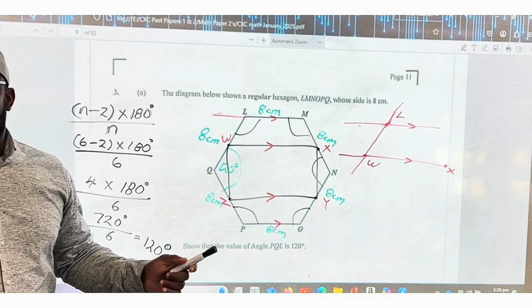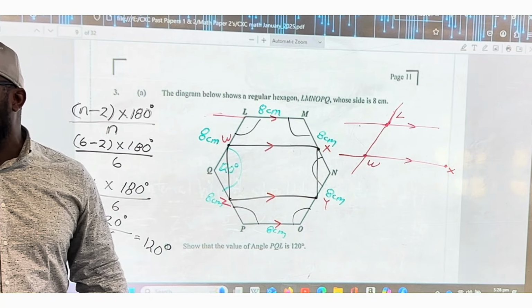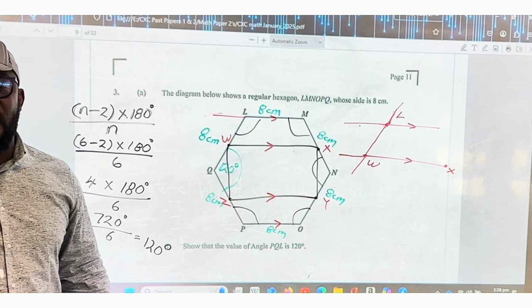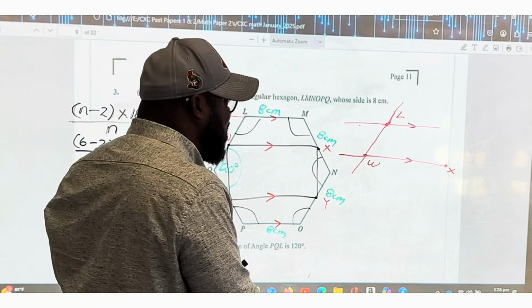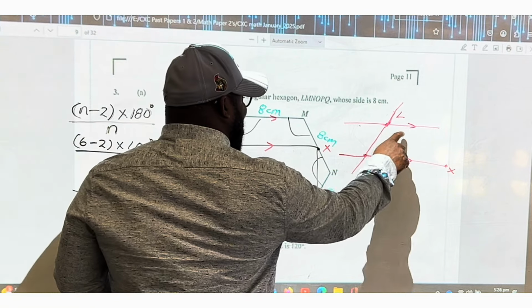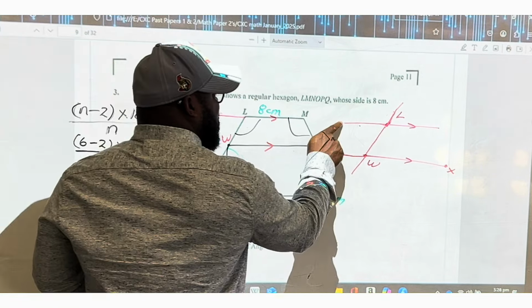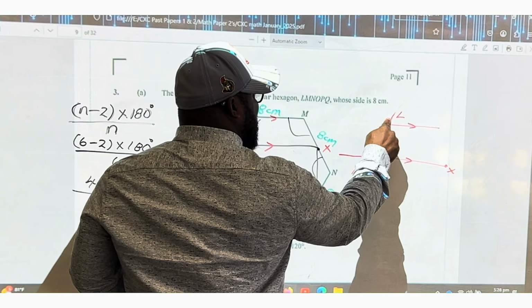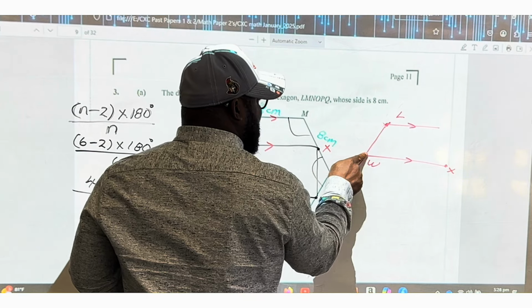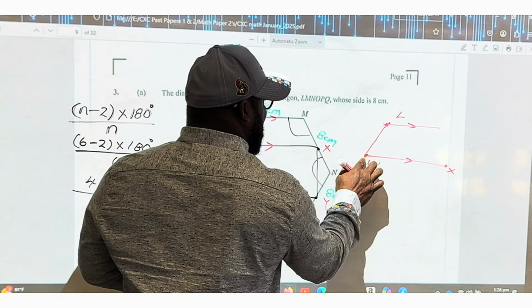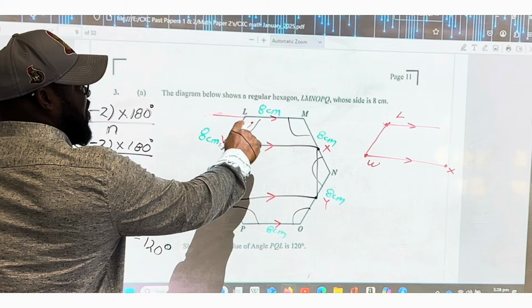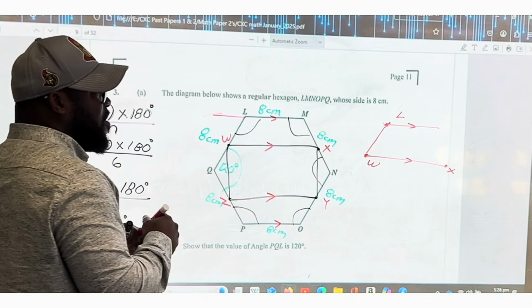A transversal. The line that cuts a parallel line is called a transversal. You don't have to remember the name if you don't want to. Now I'm gonna make this look like over here. I'm gonna take off that, and that. Now we have just this section here.